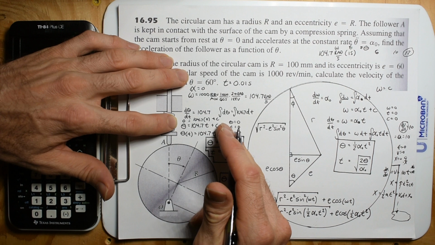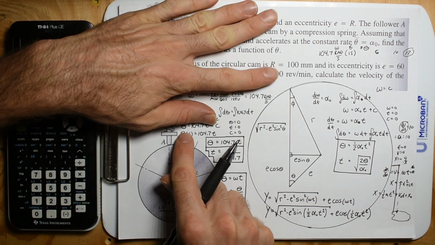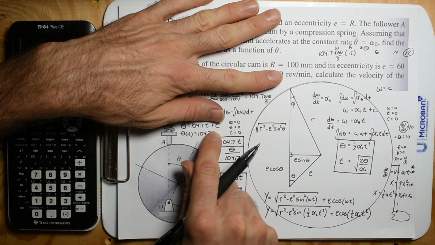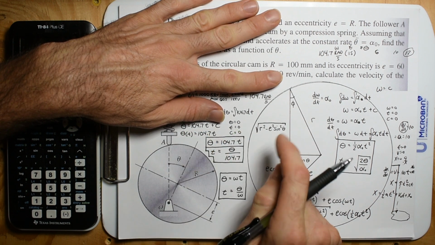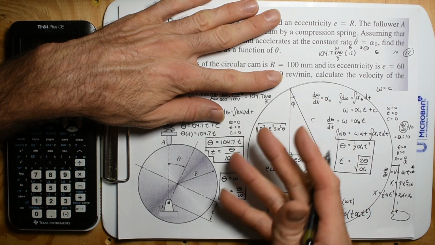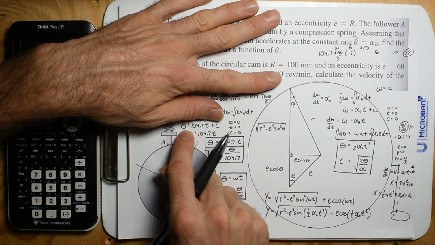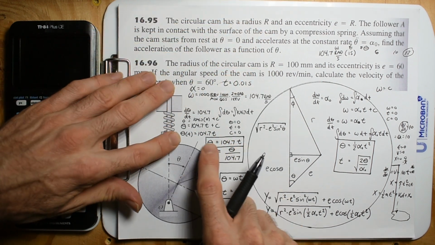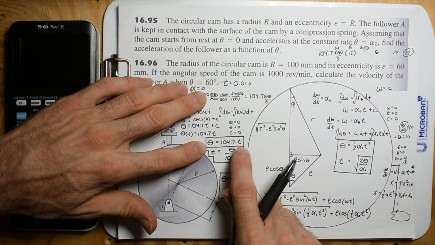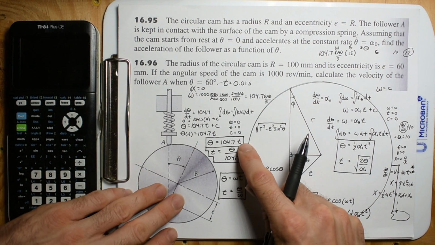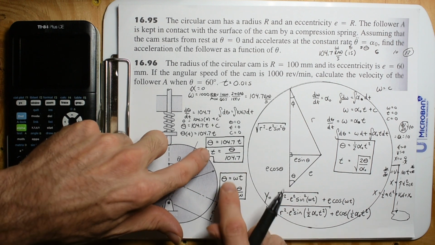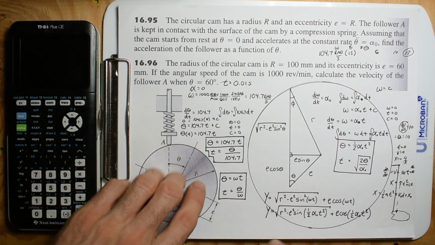Well, the constant has to be 0. So right here, this is an equation. Even though it has the constant, we just need one location where we know theta and time, and right at the beginning, that's usually the case. Okay, and so there's my equation for theta as a function of time. You could reverse it, divide this by 104.7, and you have time as a function of theta.